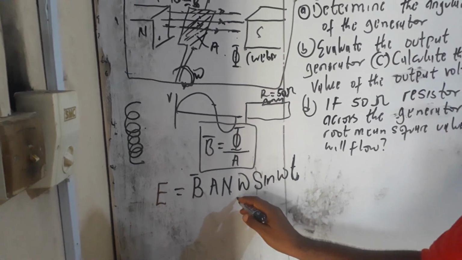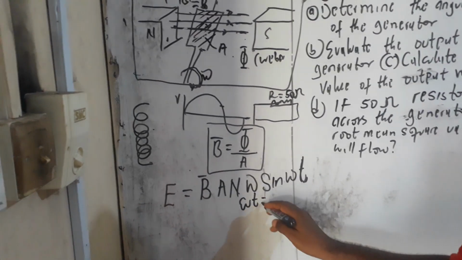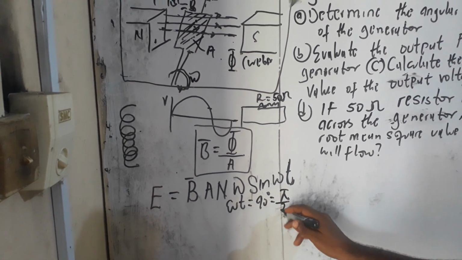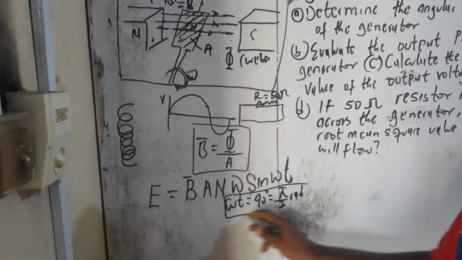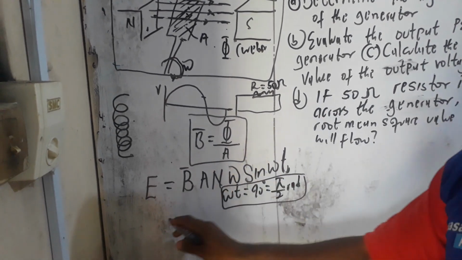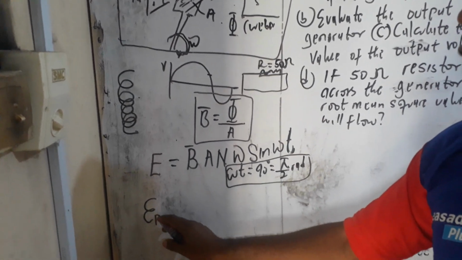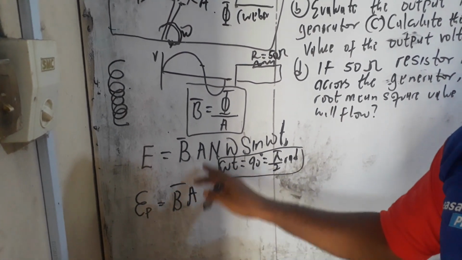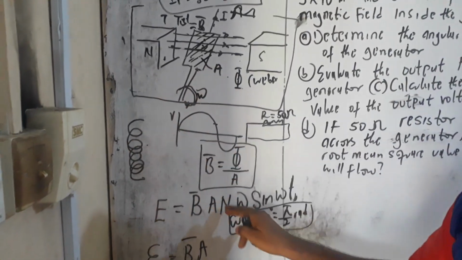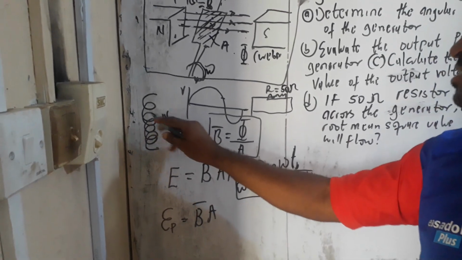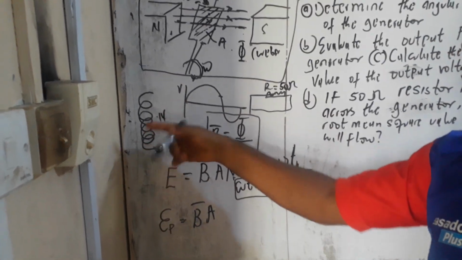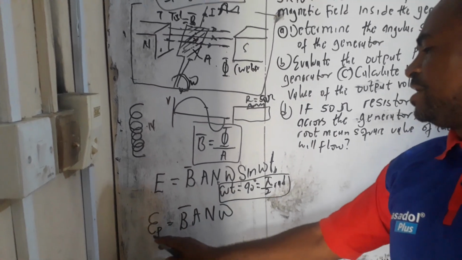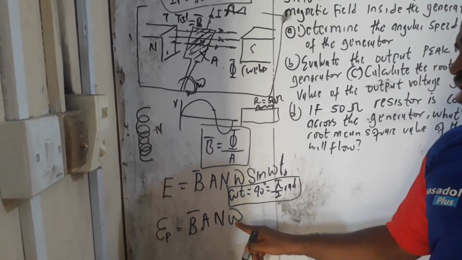Now, at a point when omega t becomes 90 degrees, which is equivalent to pi over 2 radian, sine omega t becomes 1. At that moment, the peak voltage of the generator can be written as magnetic field B times surface area A of this coil, times the number of turns N, which is how many times we wound the coil, then times the angular velocity or angular speed omega.